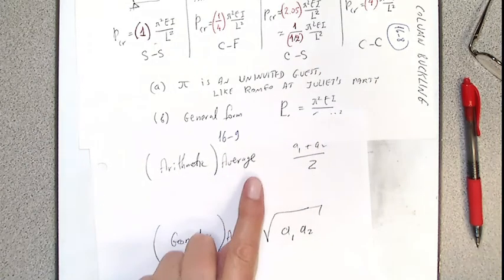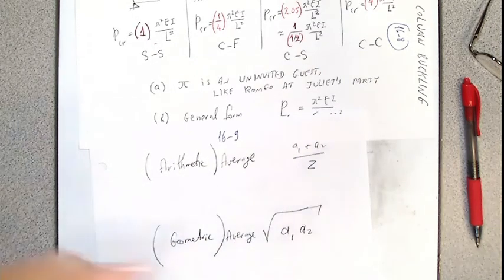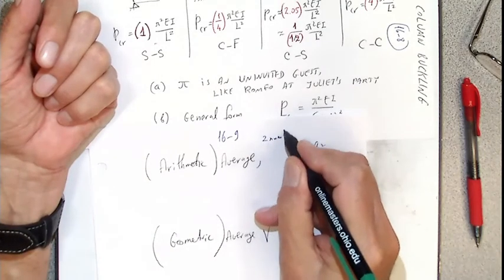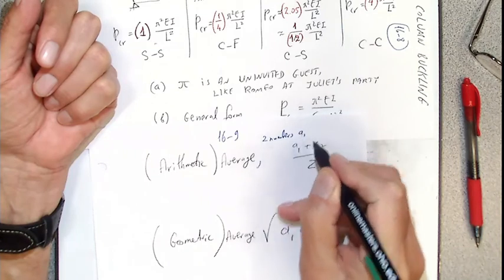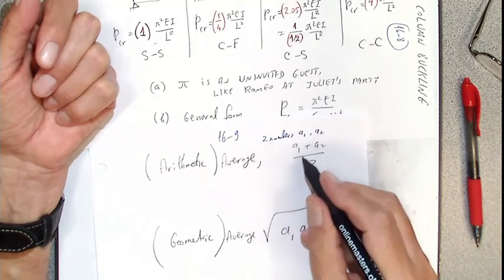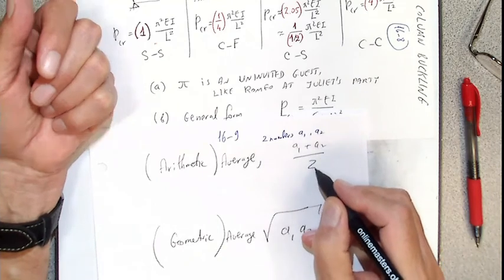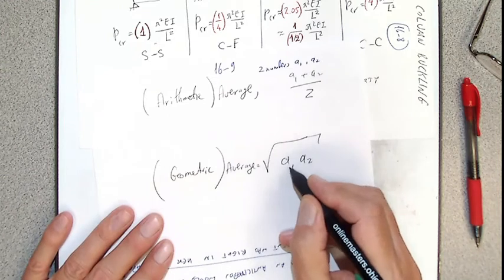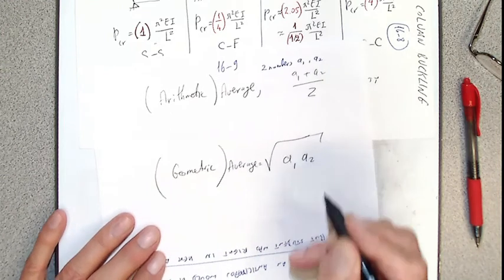And indeed, there is something that is arithmetic average. There are two numbers, A1 and A2. Then arithmetic average will be A1 plus A2 divided by 2. But there is also geometric average, which is square root of A1 times A2.